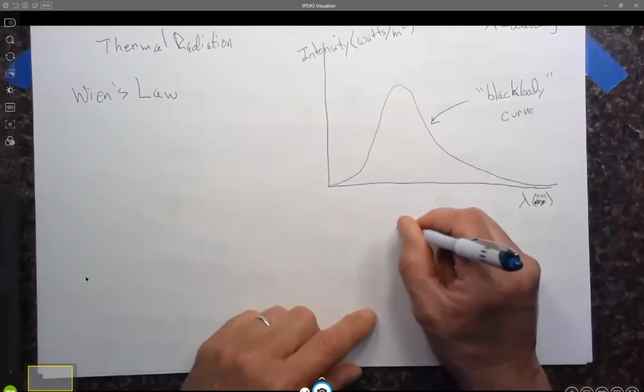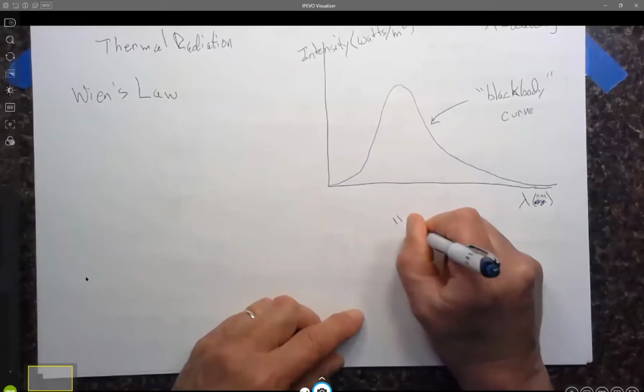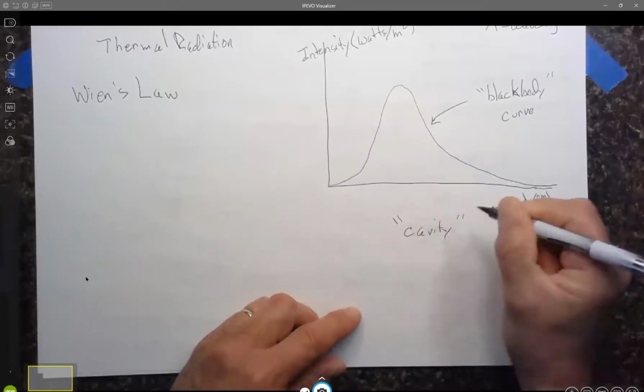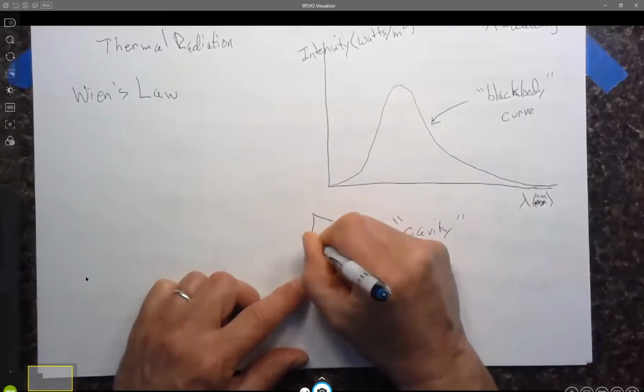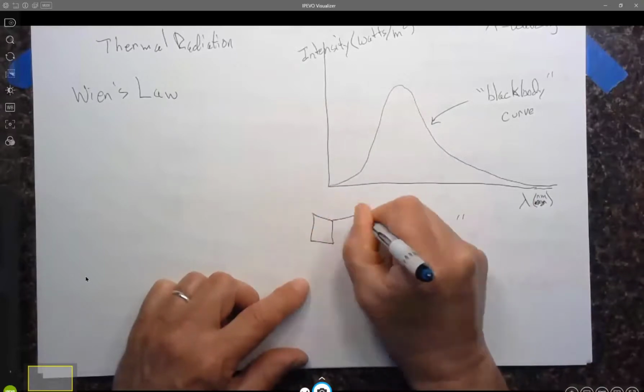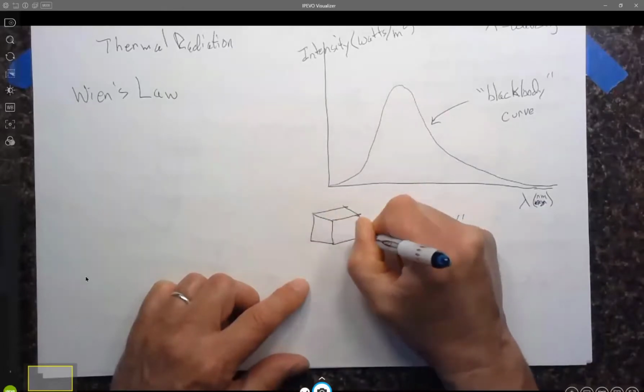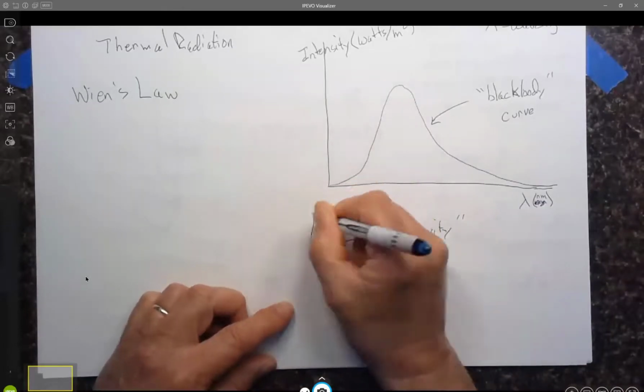And that object was something that they called a cavity. And the way they made a cavity was to make a hollow ceramic box. And so ceramic would be something made out of clay.